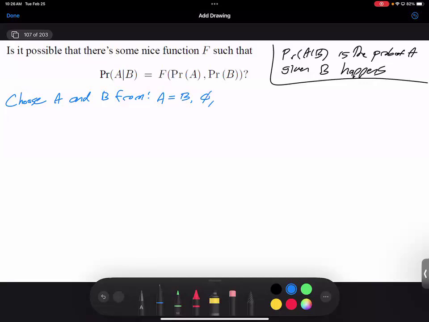Empty set? Everything. And there's one other good choice. A equals B complement, or B equals A complement, depending on which way you want to do it. So let's see if we can figure out what the answer would be in those cases.